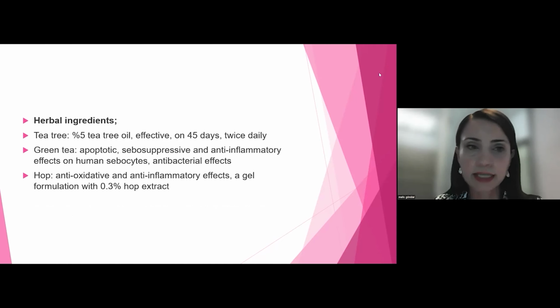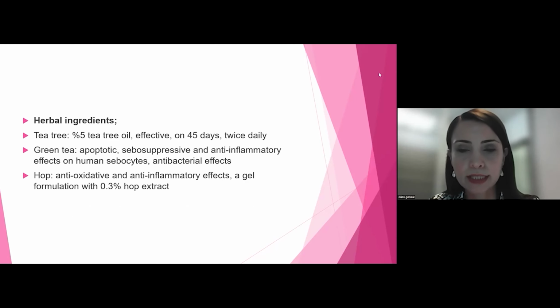And we can use herbal ingredients in the future. Now tea tree oil is effective, especially at 45 days, using twice daily. Green tea has apoptotic, sebosuppressive, and anti-inflammatory effects on human sebocytes and has antibacterial effects.